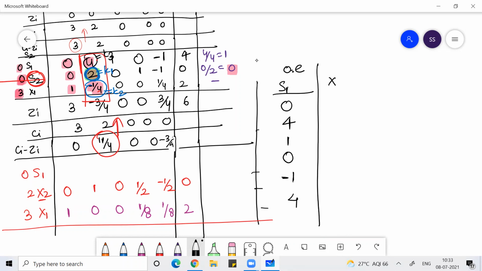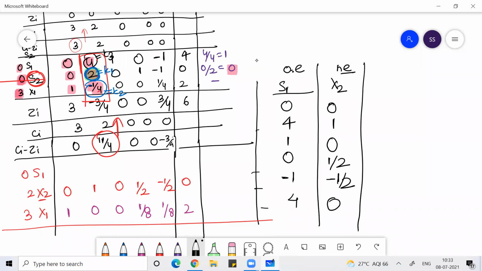Now, x1 is a new element. No, not x1. A new element would be x2, right? X2 is a new element. So x2 values are 0, 1, 0, 1 by 2, minus 1 by 2, and then 0.